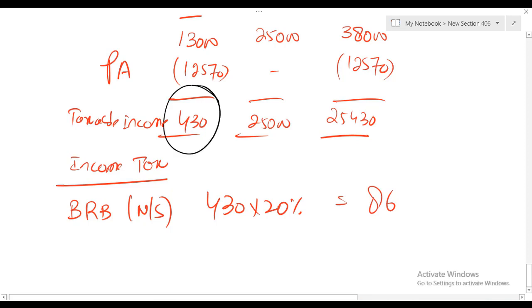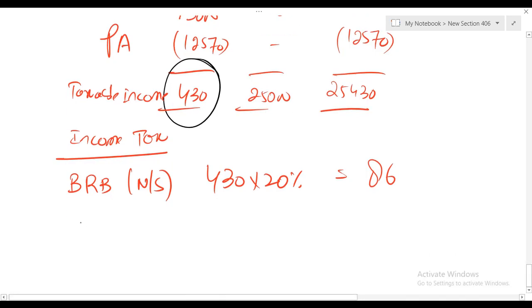Since taxable income in the column of non-saving is less than 5,000, the starting rate band concept comes into action.